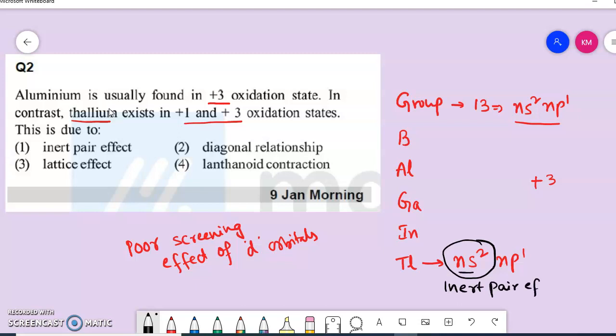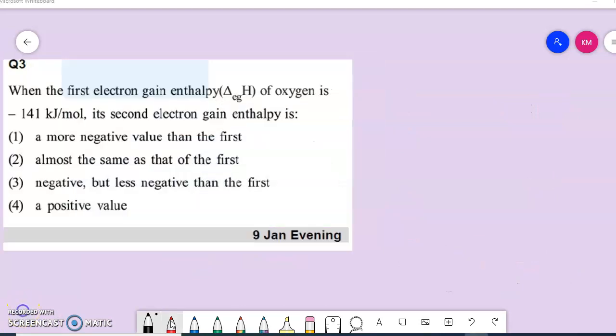That is called the inert pair effect. So only the np electron is involved in bond formation, so it exhibits +1 oxidation state, right? So thallium can exhibit +1 also along with +3 because of the inert pair effect. So option 1 is the correct answer for this. Hope you understand children. Let's move on to the next question.